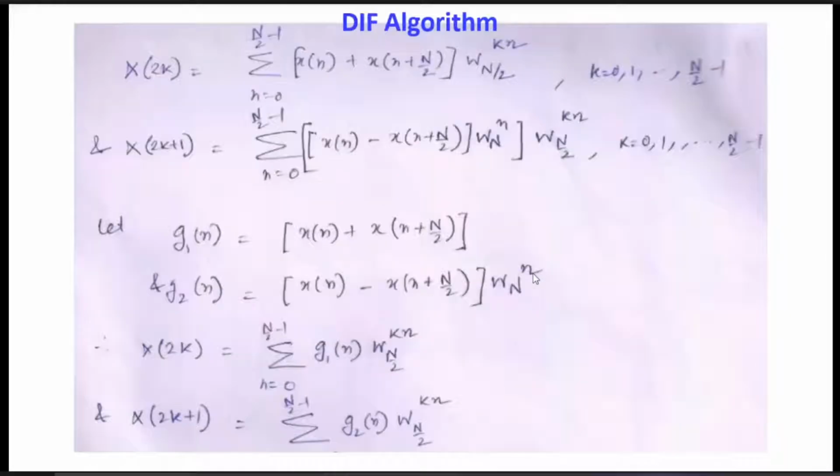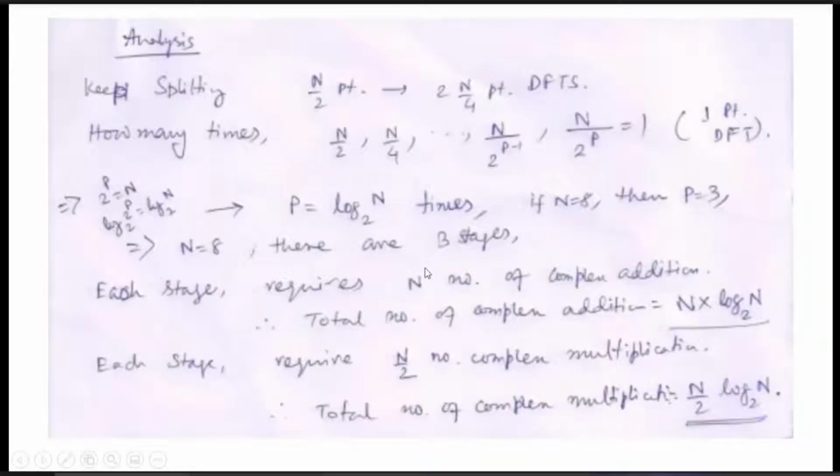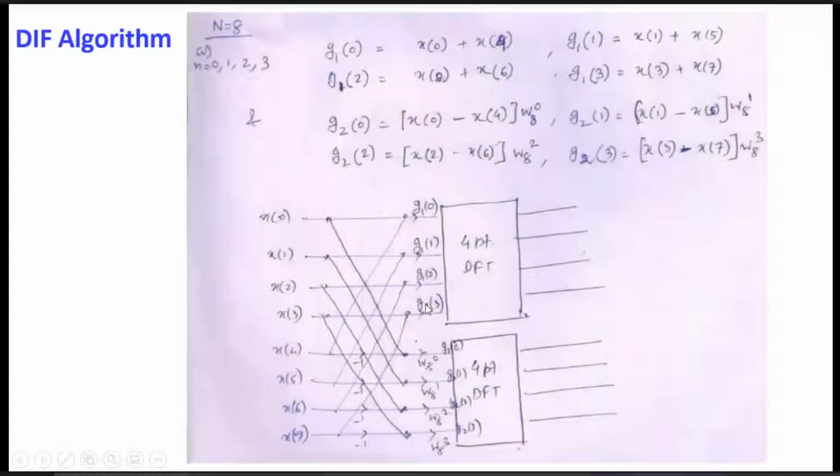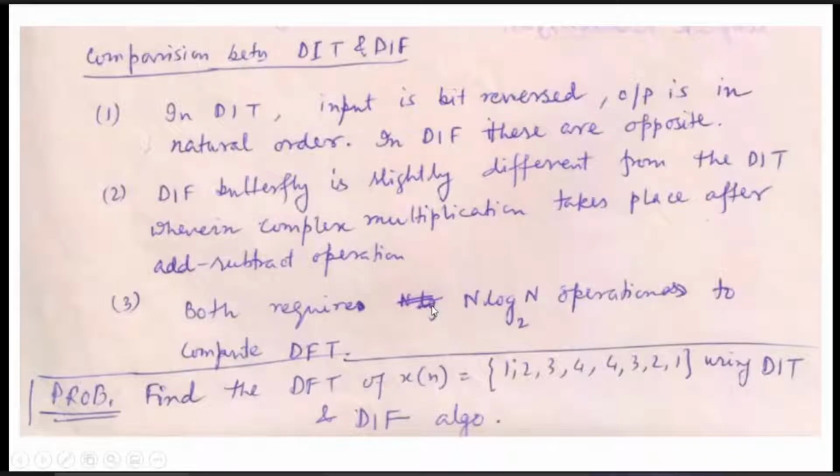How it is coming n log 2n. Now one problem I am giving you: find the DFT of xn, that is 1, 2, 3, 4, 4, 3, 2, 1 using DIT and DIF algo. So this type of question means you have to find FFT, fast Fourier transform, of this sequence.